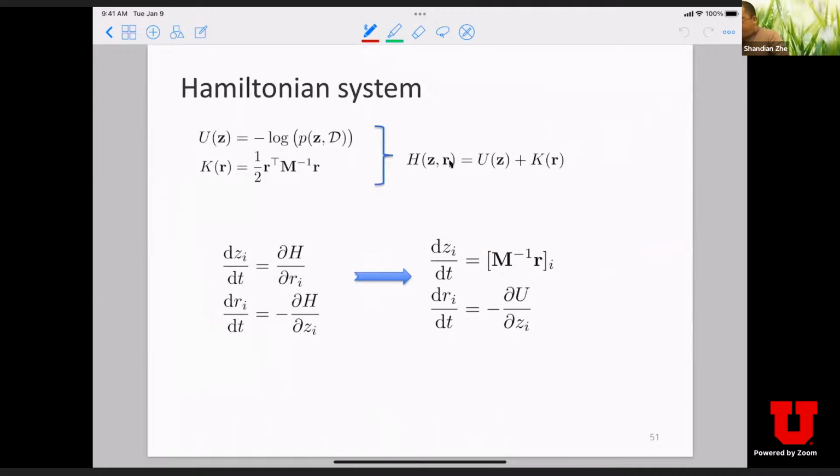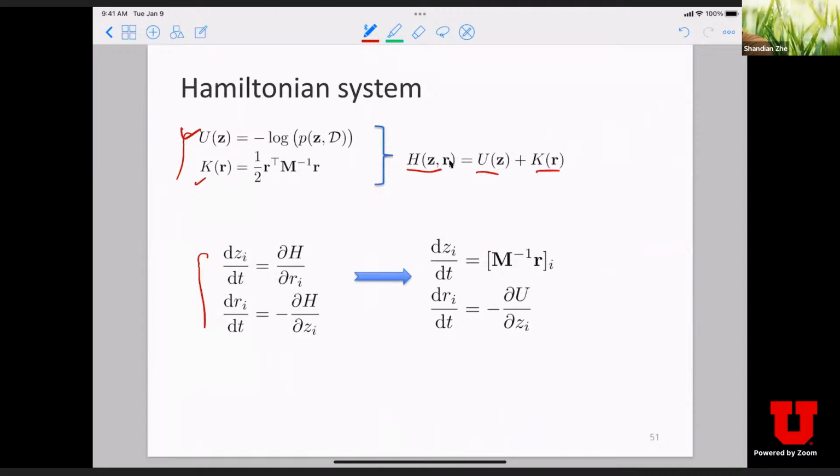Just to review, if we apply the rules of the Hamiltonian system, how do the position vector and the momentum vector evolve along with time? This is our potential energy, which is the negative log joint probability. The kinetic energy is a quadratic function of R. The total energy is the summation of the potential energy and kinetic energy.